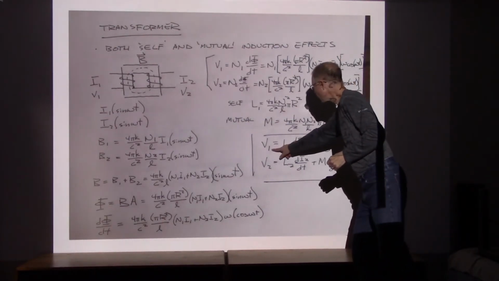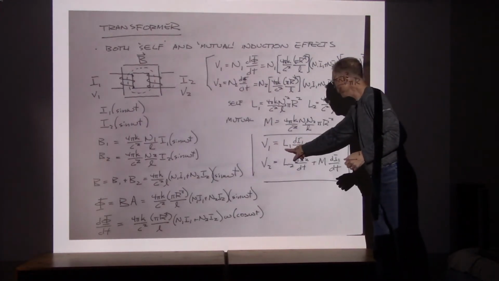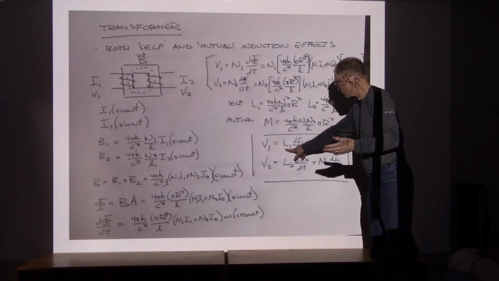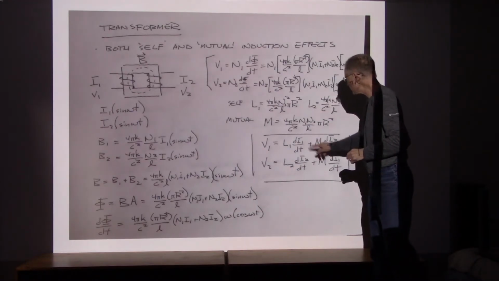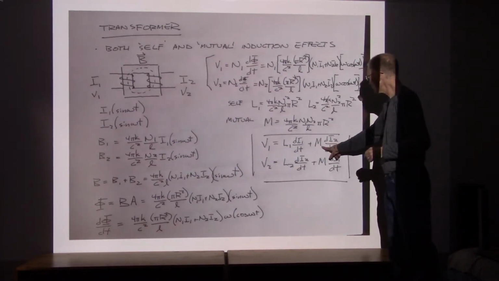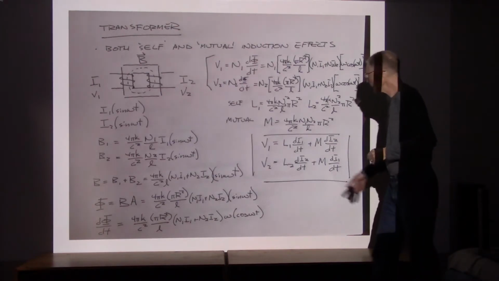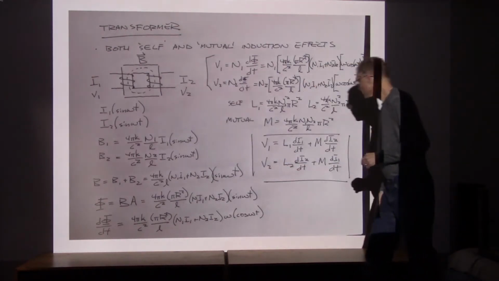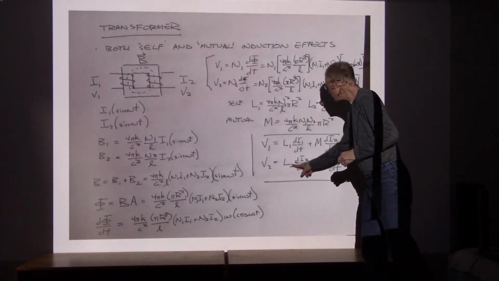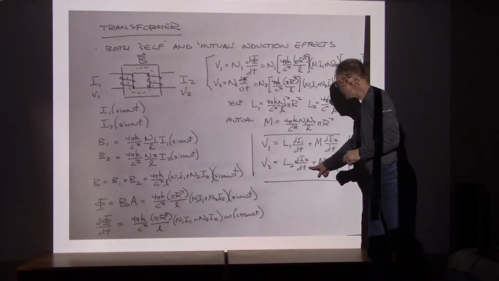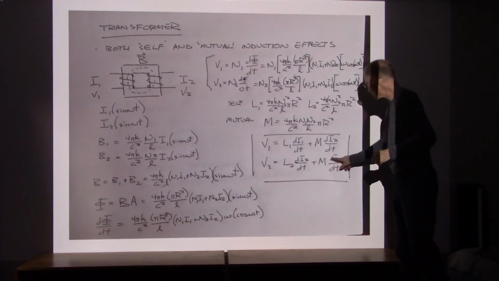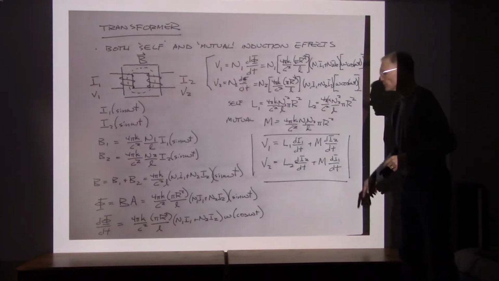That says that voltage 1 is L1, the self-inductance, times di1 dt, plus the mutual inductance times di2 dt. And the voltage on side 2 is going to be L2 di2 dt, plus the mutual inductance times di1 dt.